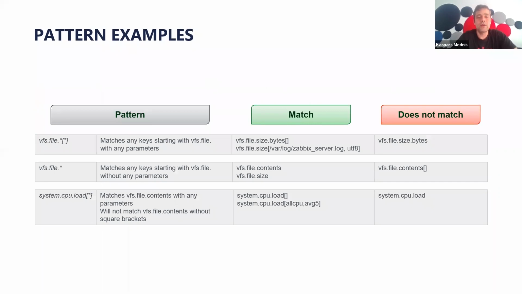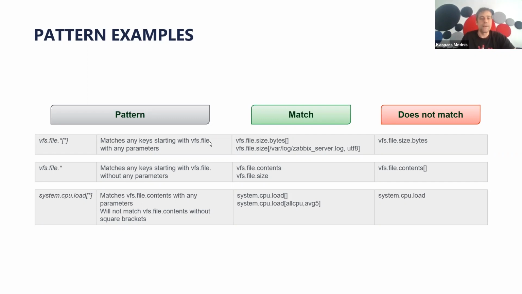Pattern examples. Here you can see some examples of the patterns, like vfs.file.*[*] will match any keys starting with vfs.file with any parameter. But be very careful, the syntax with patterns is a little bit tricky.